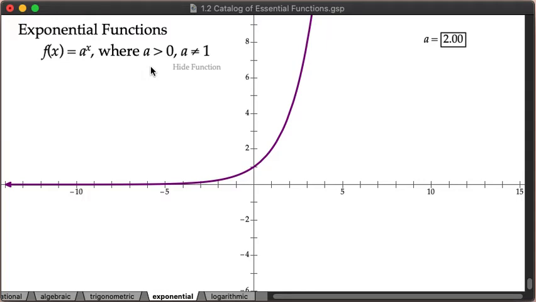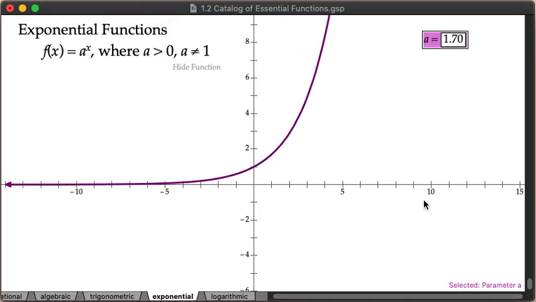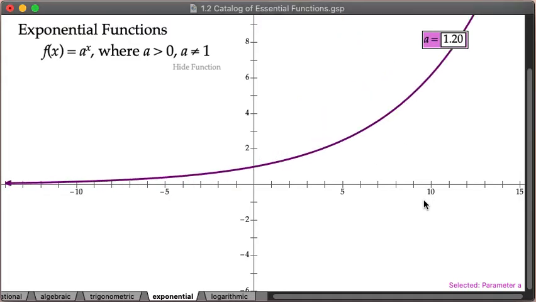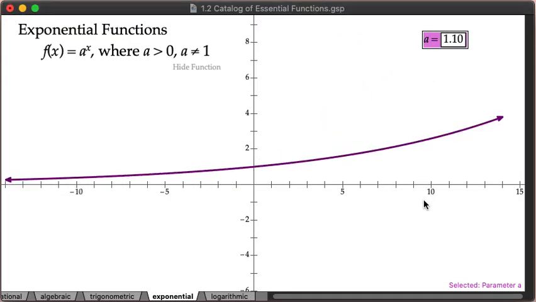The base always has to be positive. And the closer I get to 1, the seemingly flatter my exponential function gets.